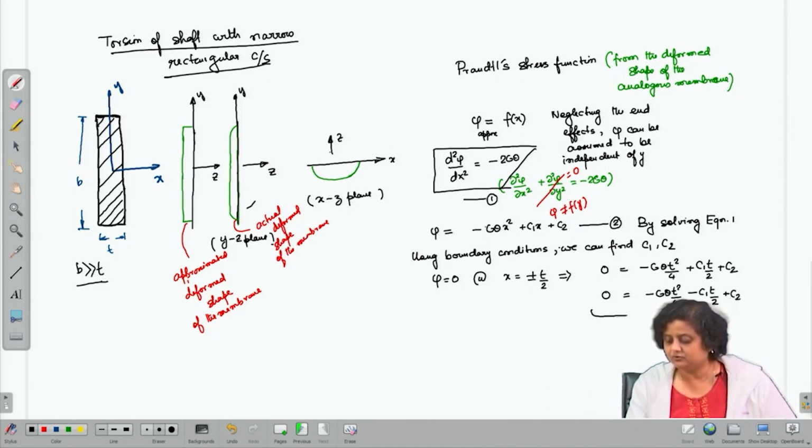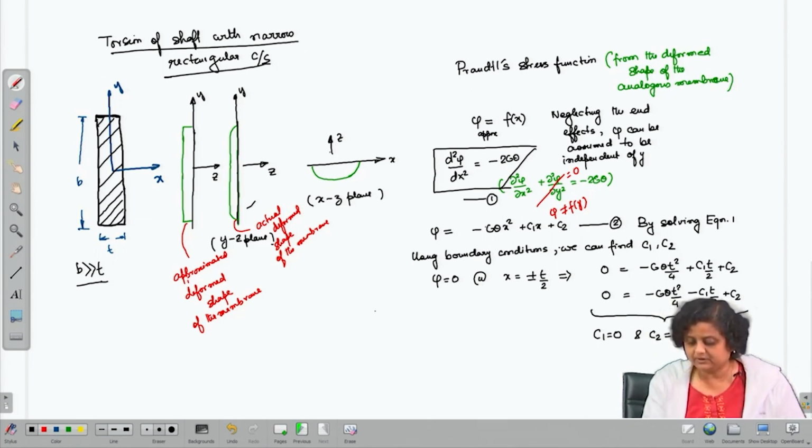Now, from these 2 equations, we get C1 equals 0 and C2 equals G theta t square by 4.